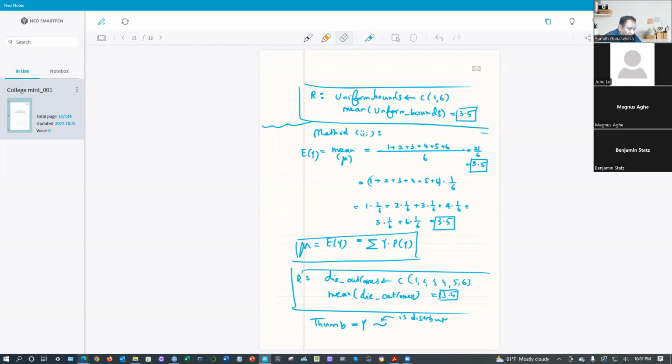In the population setting, uniformly distributed with the endpoints 1 and 6. Uniform distribution. U stands for uniform distribution. And in the population setting, you can say it like that.